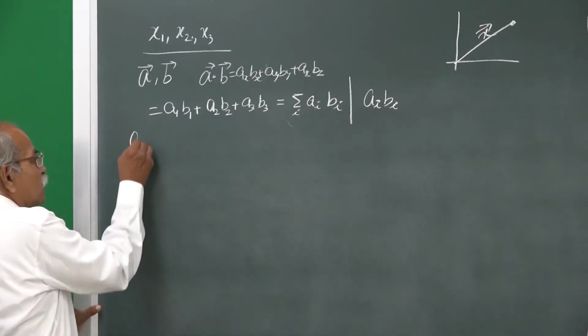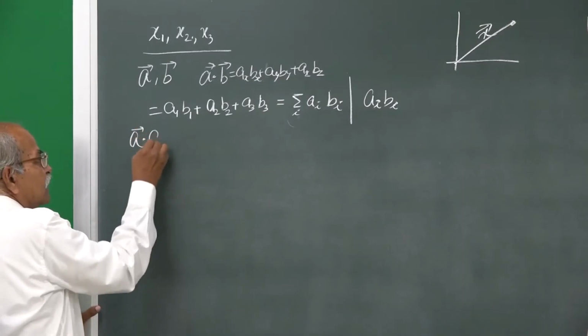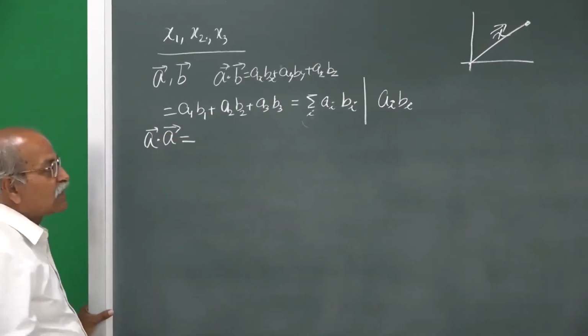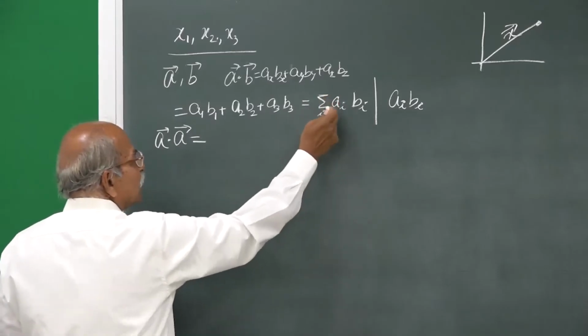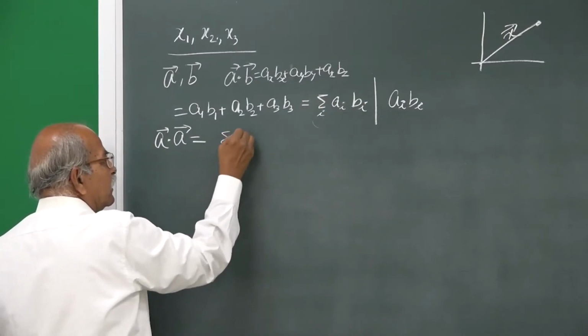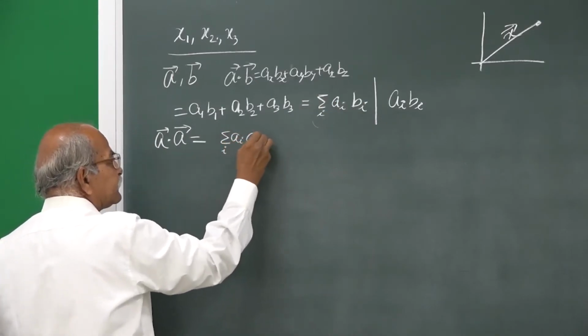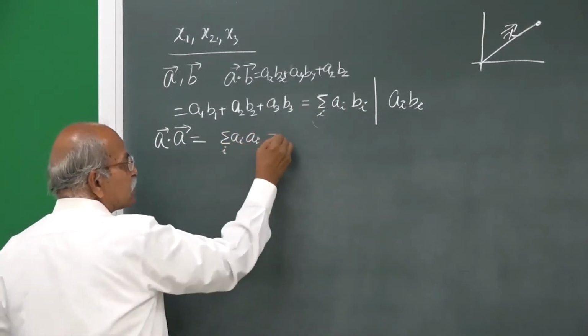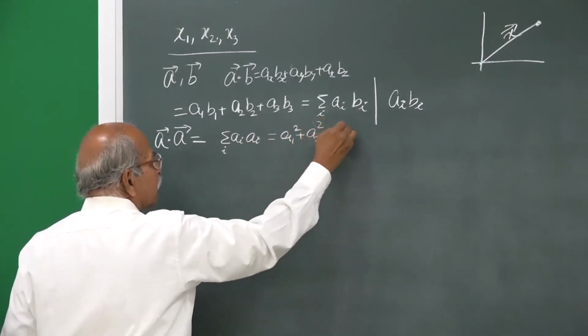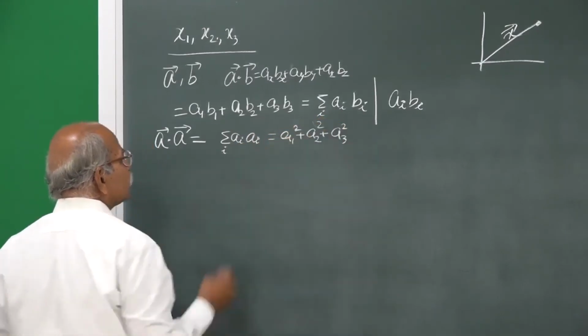Now, if you take dot product of a vector with itself, then it will be summation over i AiAi, and that is A1 square plus A2 square plus A3 square.